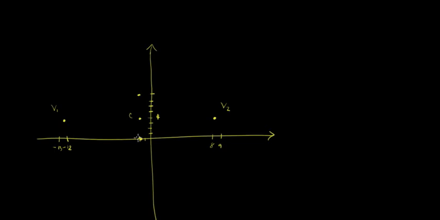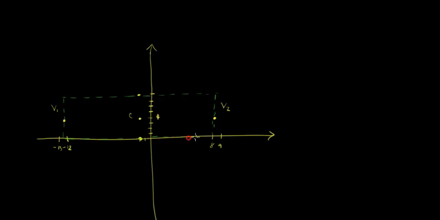Okay. So, after locating the vertices and the endpoints of the conjugate axis, we're now ready to draw our auxiliary box. So, let's draw the auxiliary box. The length of the auxiliary box ay twice A. The height or the width is 2B.